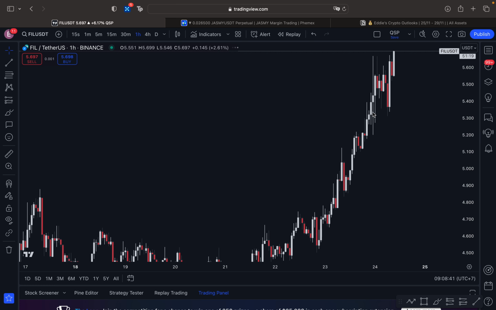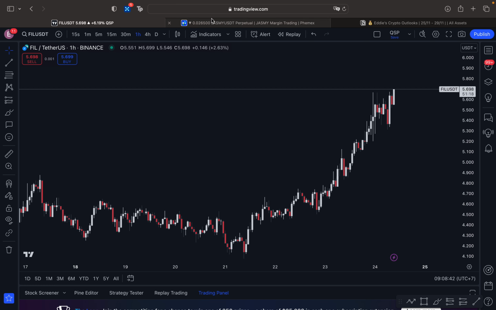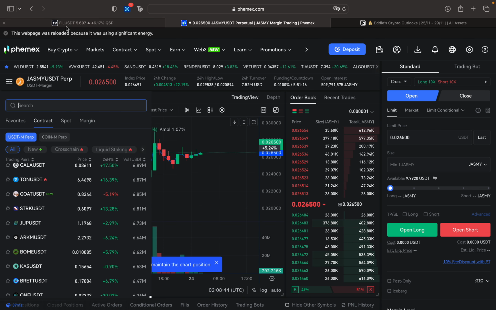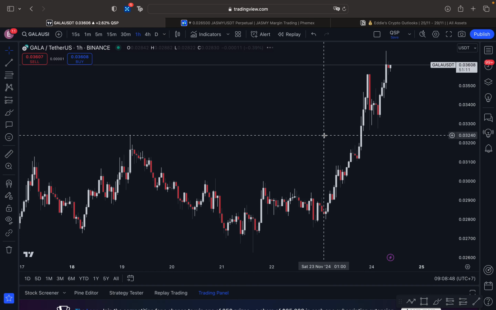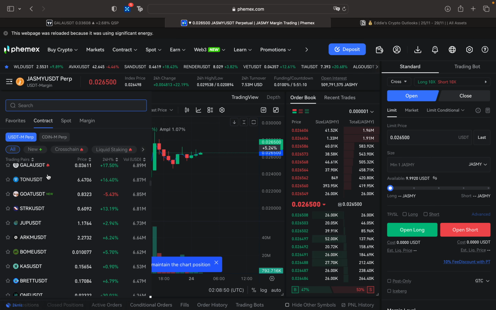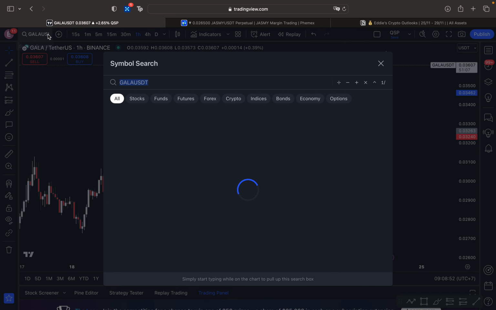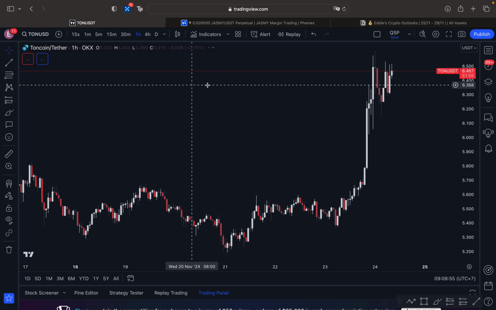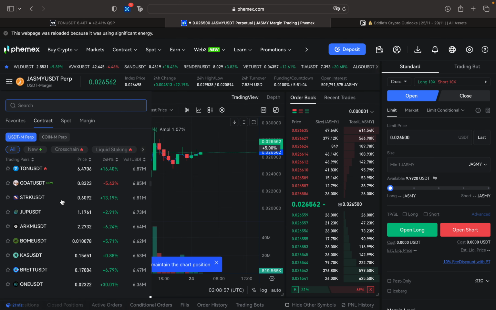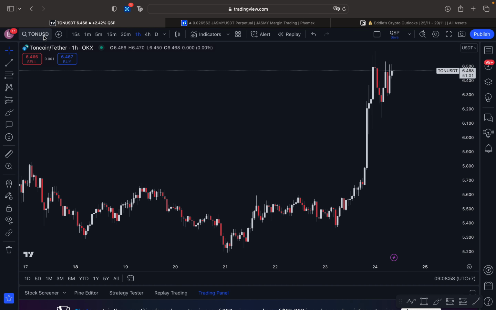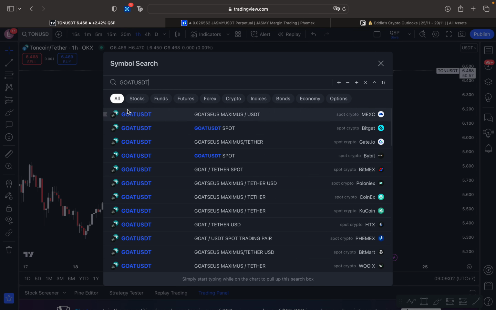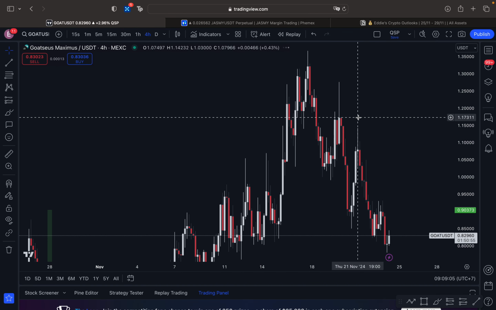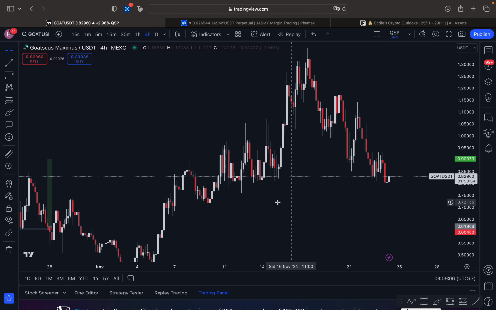Okay, we're hitting a point where there's literally no trades. That's just probabilities. That's alright. Gala's a good pair to trade. Nothing. Okay. Ton. Nothing. Okay. Goat.